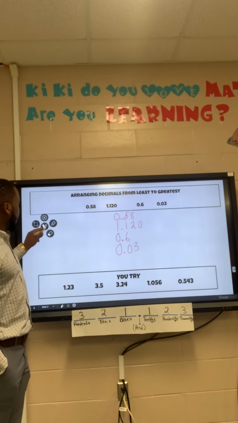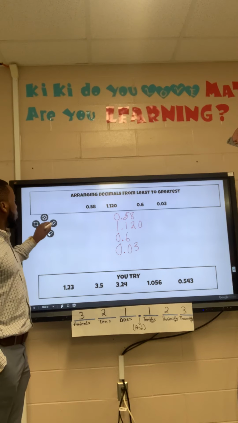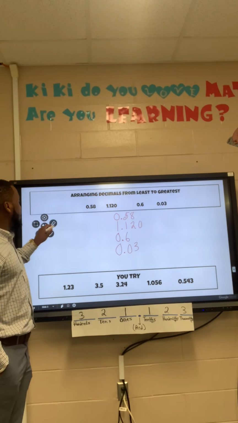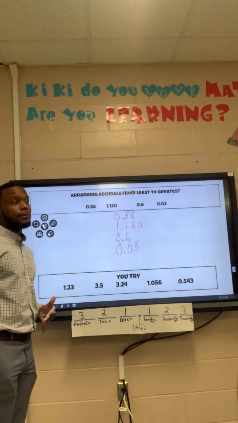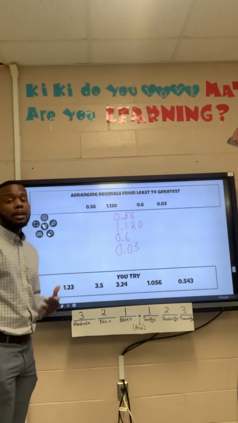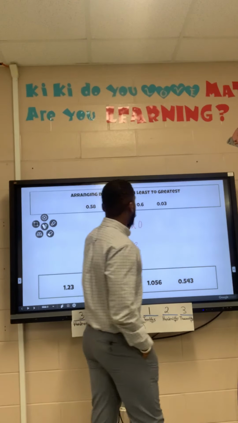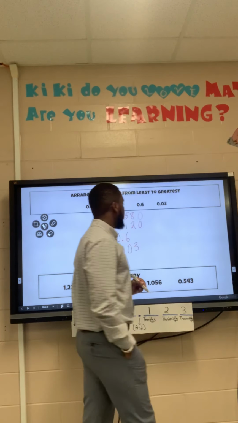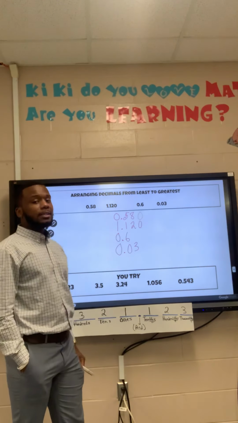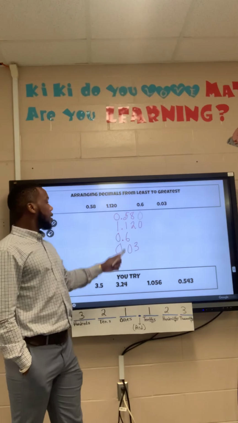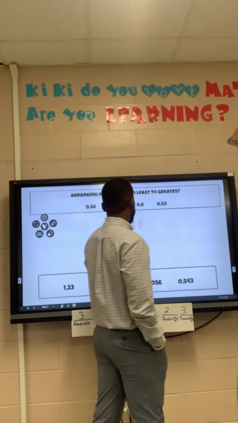The second step that we are going to do is add zeros in the missing place value so each number has the same decimal digit amount. So in the first number, we're going to add a 0 behind the 8. The second number does not need a 0. On the third number, we'll add 2 zeros.